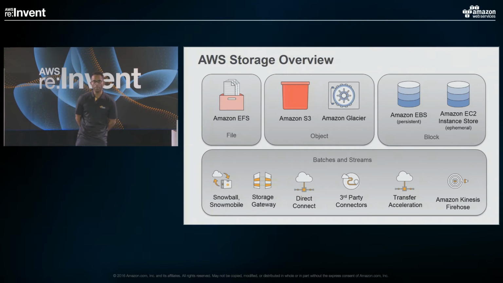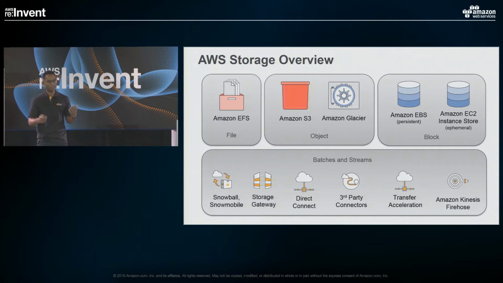Direct Connect gives you high bandwidth, low latency network connectivity from your network to the AWS cloud so you can transfer data through the network. We also have Kinesis Firehose, which enables streaming massive amounts of real-time data to various AWS targets.